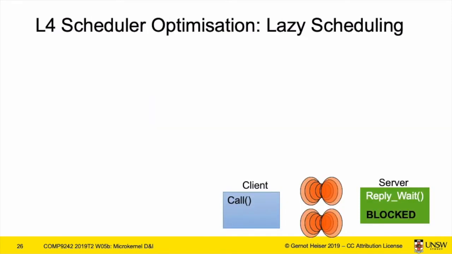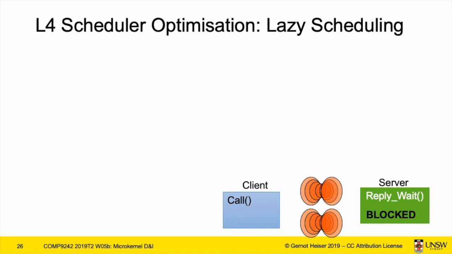And the other one is coming back to the various issues of, oh, not quite there yet. There are a few scheduler optimizations that have been long-standing properties of L4 kernels. One of them is called lazy scheduling.